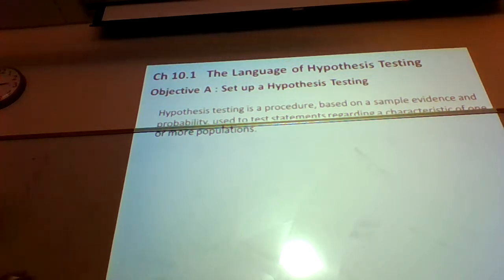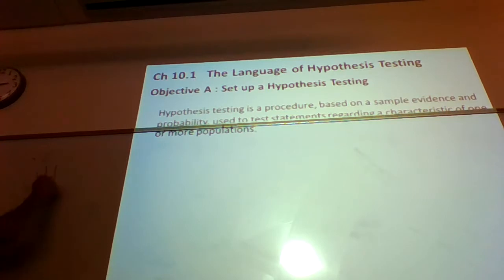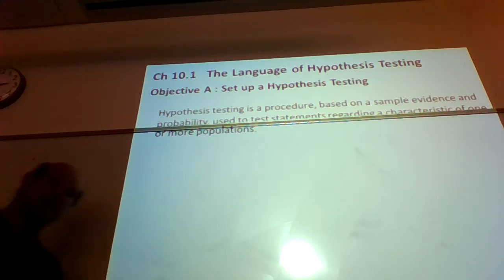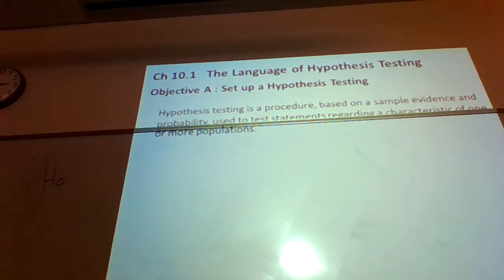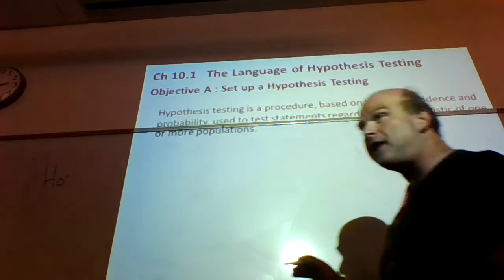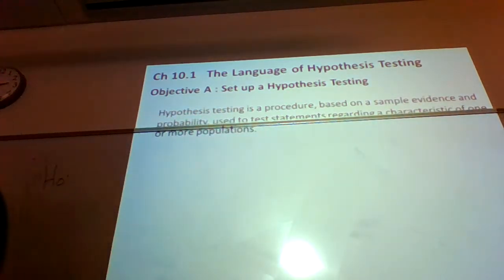So, for example, does everybody know what a parameter is? Parameters are basically measurements associated with a population. The two parameters that we're dealing with in this class are P, which is the population proportion, and mu, which is the what?